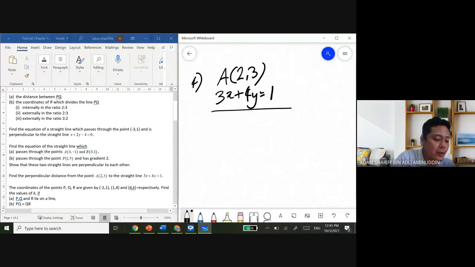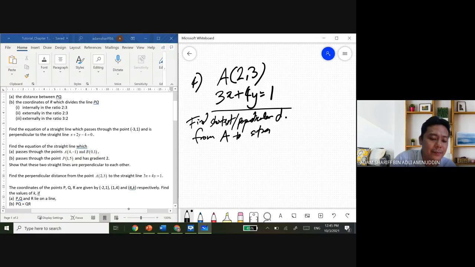And what the question want is that find the shortest distance atau perpendicular distance from A to straight line. Okay, kita kena faham apa yang dia nak. Dia nak perpendicular distance from a point kepada straight line.